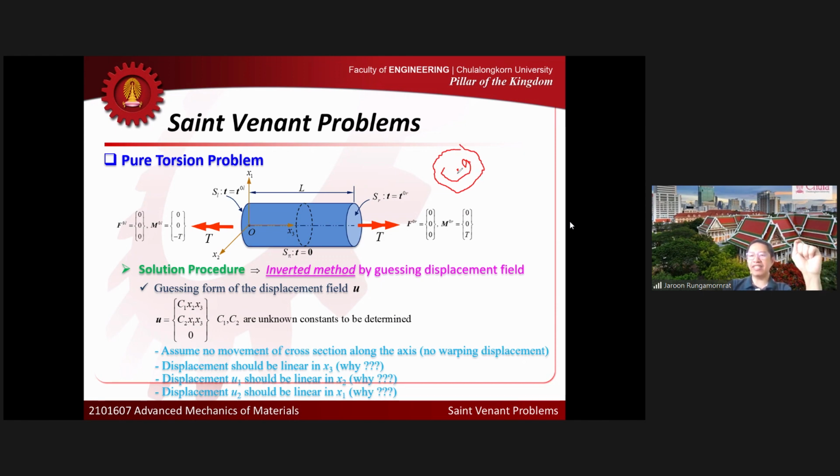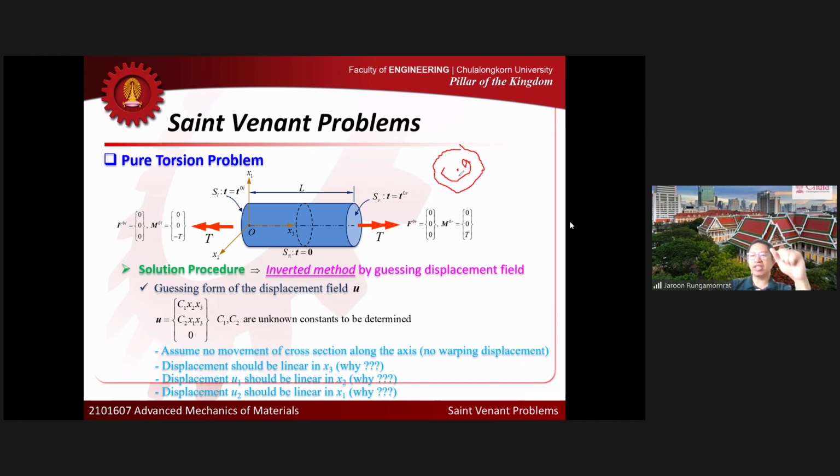So in that sense, the displacement should be linear with respect to the distance from the center of the cross section. Now, when you look at the components U1 and U2, because the displacement is linear with respect to the distance from the center, if you look at the component U1 in the X1 direction, it should be linear in X2, right?